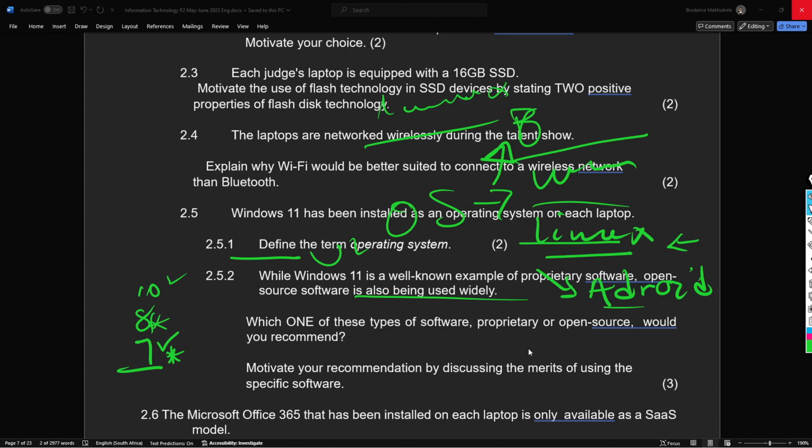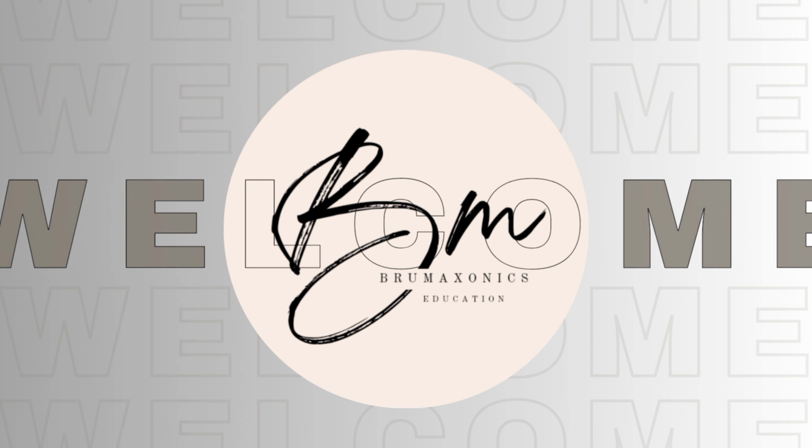So open source, remember I said that it's free, you can customize it, it's available for further development for your own benefit. And the other one, which is closed source, I'm not going to edit anything here. So the other ones are actually very good in terms of security and other things.